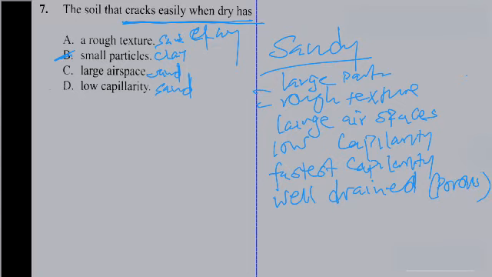You call it well drained or porous, meaning it has big holes or spaces in between. Then we talk of low water retention.